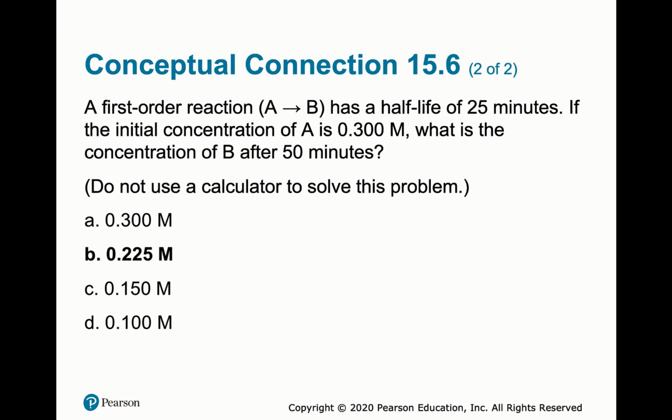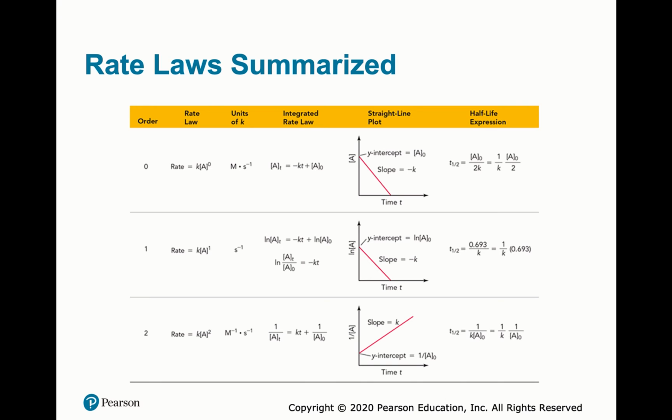So if A goes down to 0.075 molar, that means B has to have gone up by 0.225 molar, because it's a 1-to-1 concentration. This is also assuming that there's no B in the beginning.